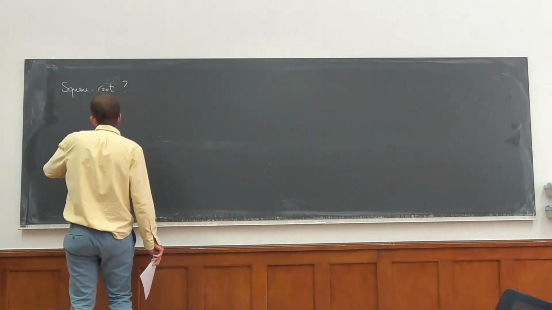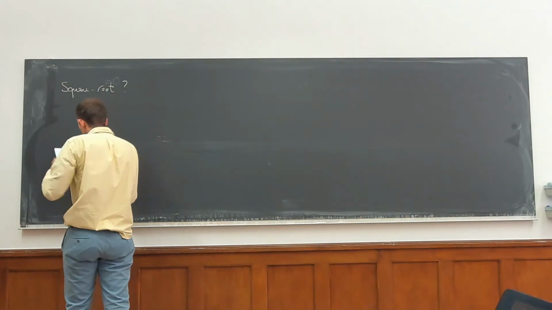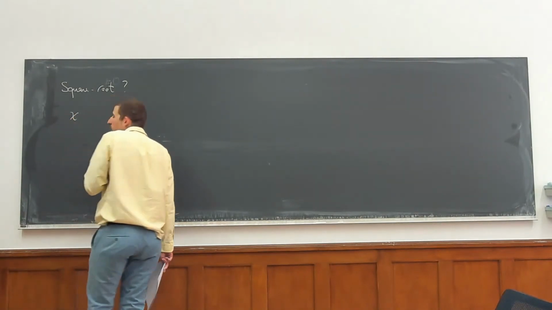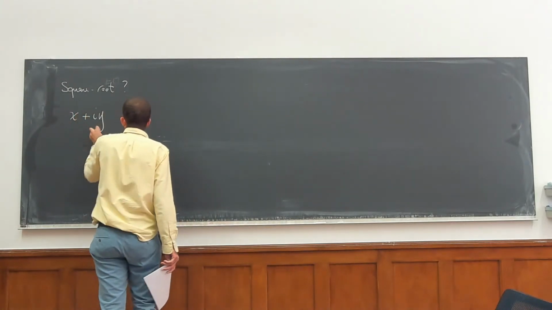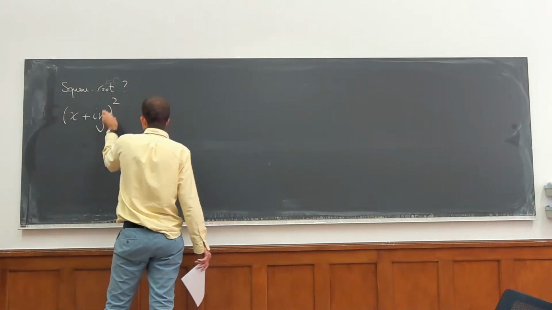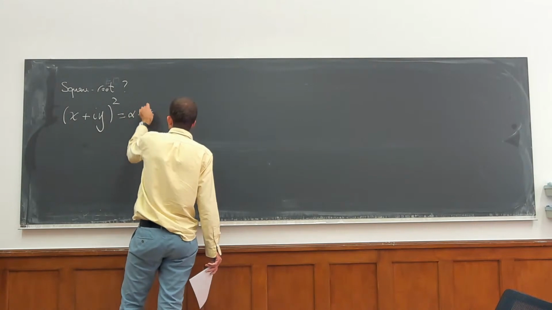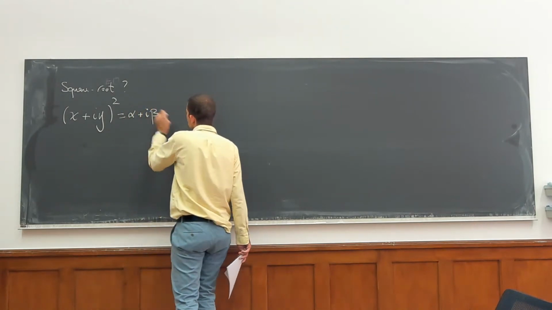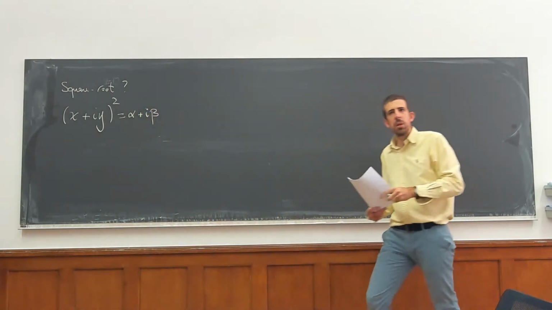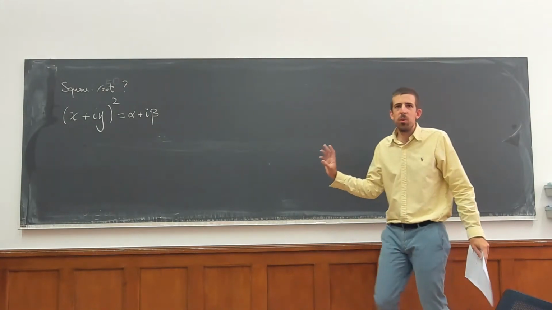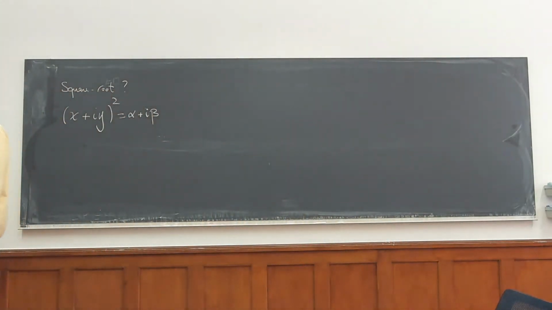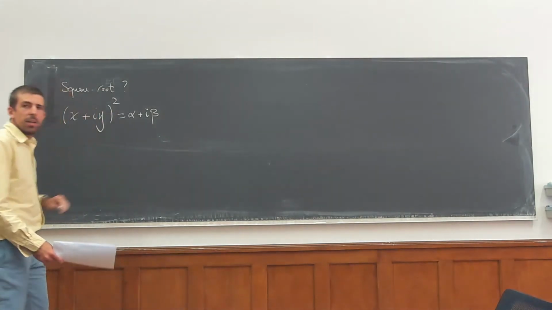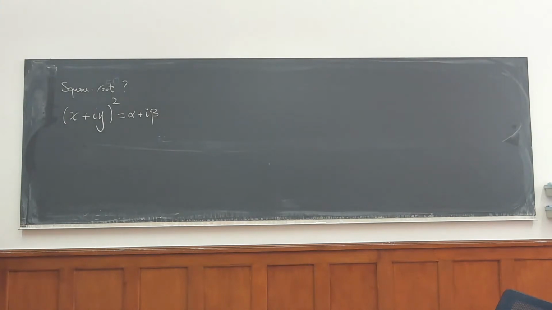So let's say that I have a number, and I want to think about what's the square root of alpha plus i beta. So in particular, I'm looking for a solution. There's going to be some calculations, but there is a valuable story that will appear as we do these calculations, so it's worth doing them all together. So how do I solve an equation like this?